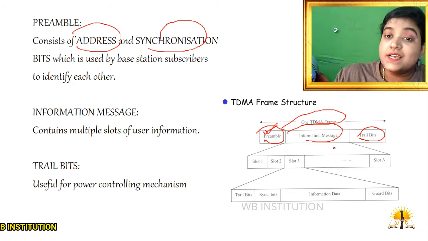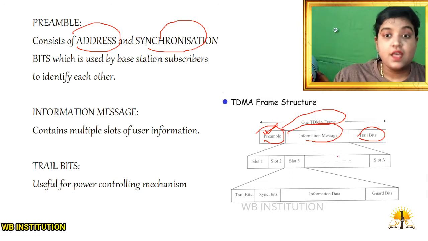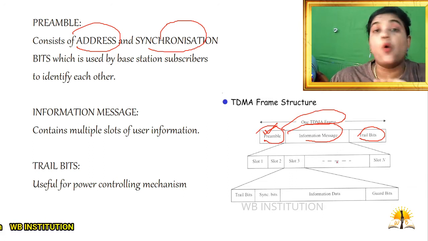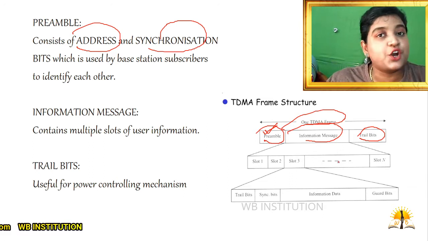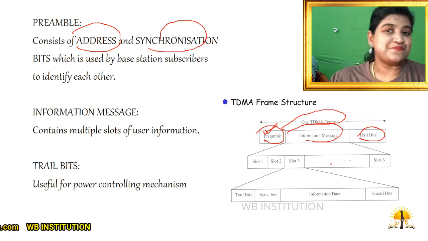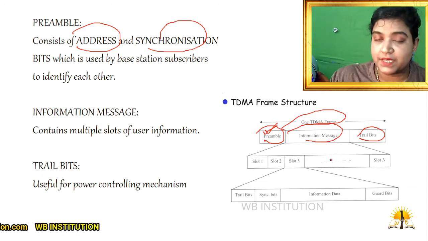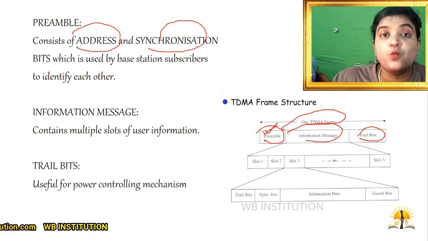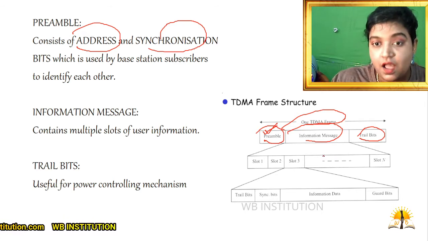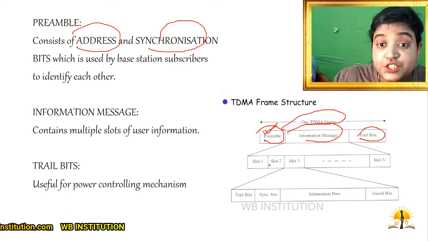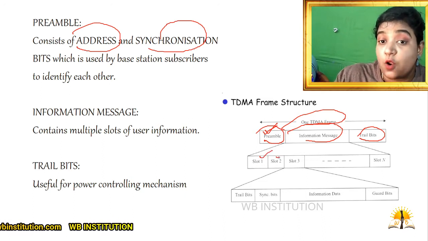Next is the information message. This is the total information generated by the users. Under the information message, you can see some slots, slot 1, slot 2.